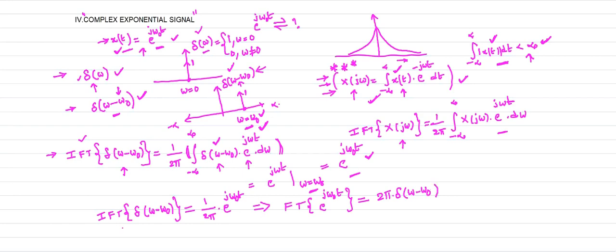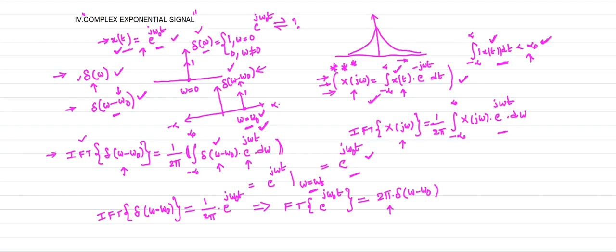I just apply the Fourier transform of this equation on both sides. Fourier transform and inverse Fourier transform get cancelled here, and 2 pi goes to this side, and the Fourier transform of e power j omega naught t is 2 pi times delta of omega minus omega naught. That is your answer.